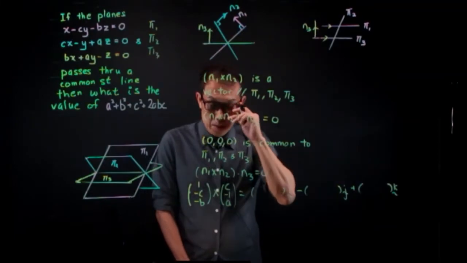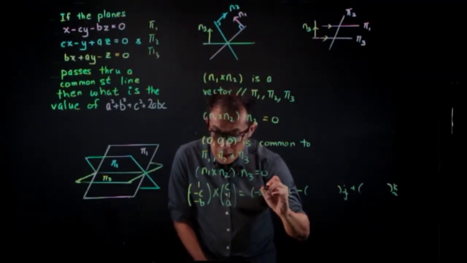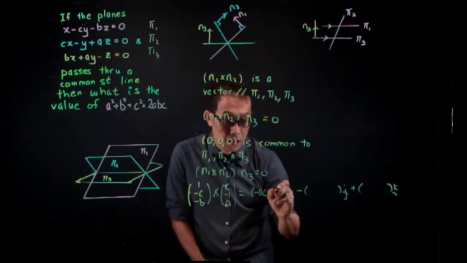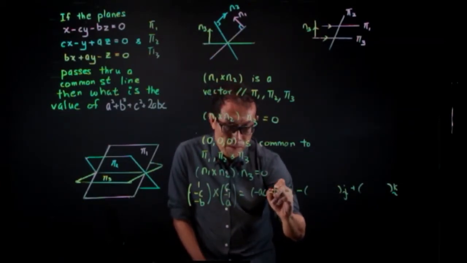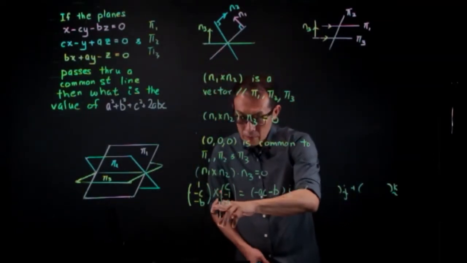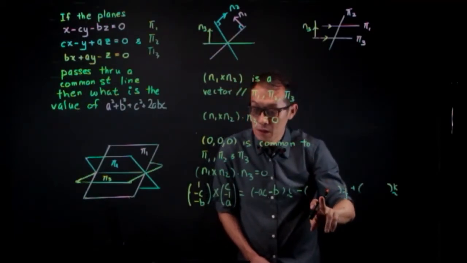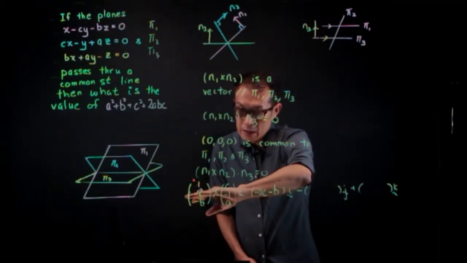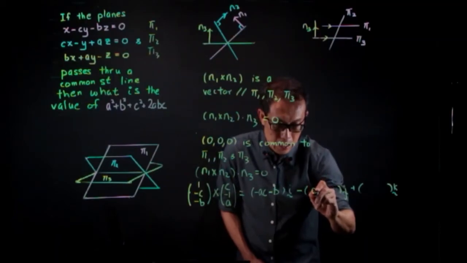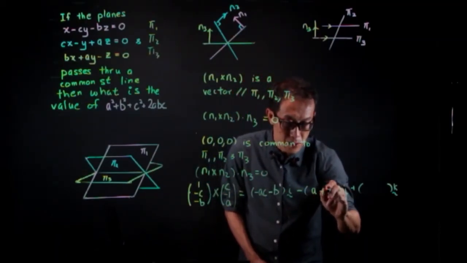You do a cross product, and you will get minus ac minus b for the i component. Then for j, you will get a plus bc.